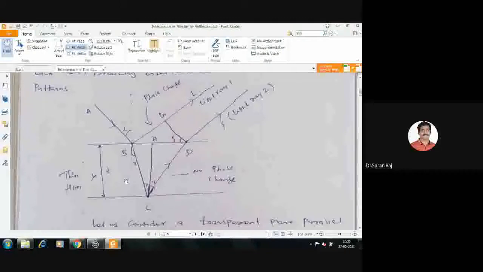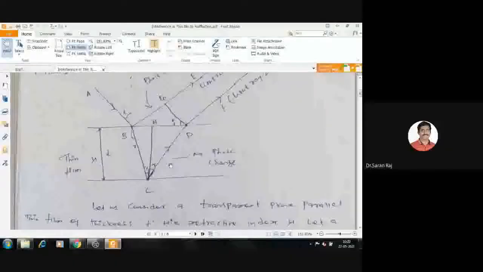For the film, the path difference equals the inside of the film, where first we need the refractive index of that particular material. Based on the refractive index, the direction of the light will be different. So first you multiply by the refractive index mu of that medium.